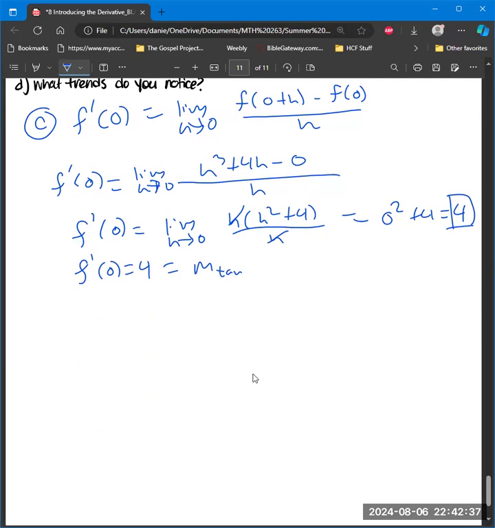So using the point 0, 0, m equals 4, and y equals 4x is the equation of my tangent line.